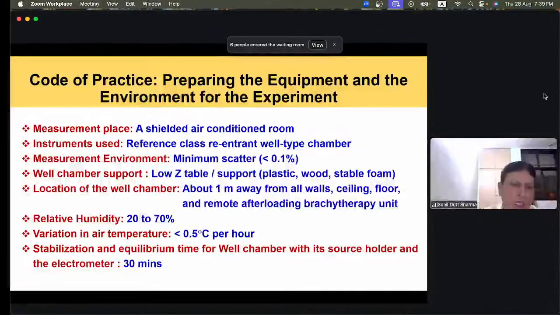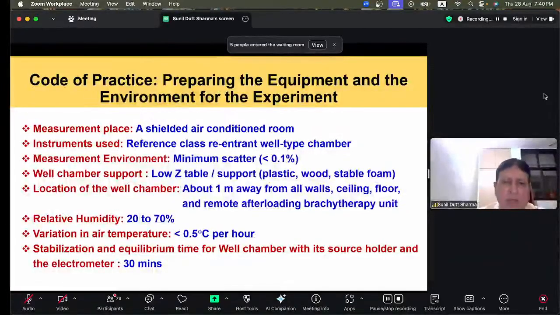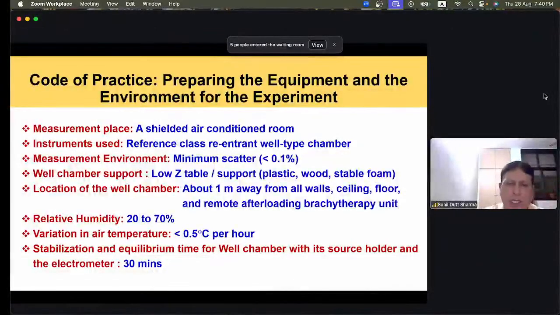brachytherapy unit also. Relative humidity shall be in the range of 20 to 70%. Variation in air temperature shall be within 0.5 degree per hour, meaning it should have a stable temperature condition. Whatever air conditioners are available, they should give a stable temperature within a variation of 0.5 degrees Celsius per hour.